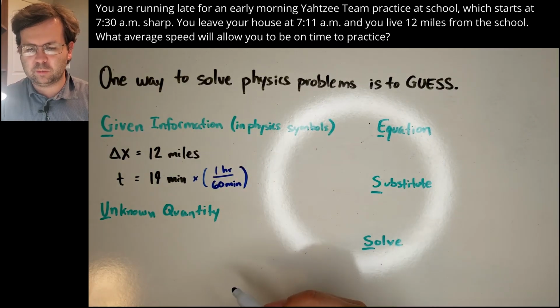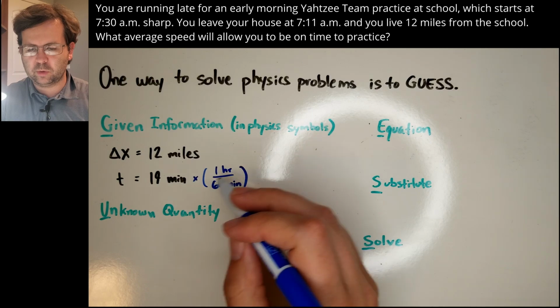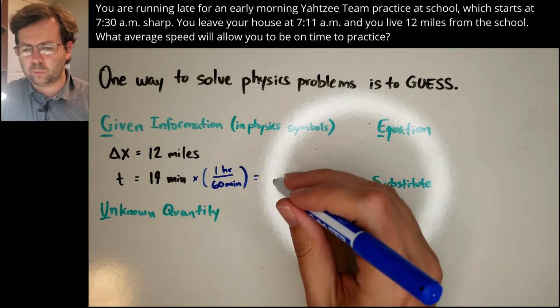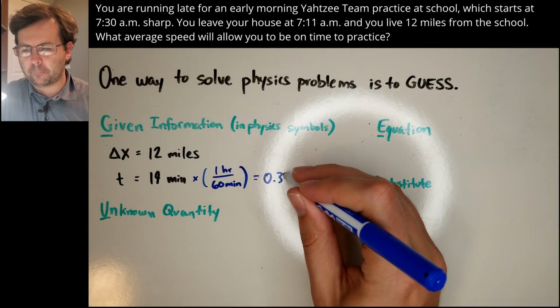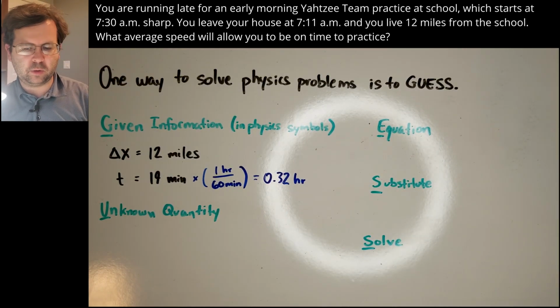So essentially I'm dividing by 60. When I do that, it will get rid of the minutes and give me a time of 0.32 hours. Okay, so I have a distance in miles and a time in hours.